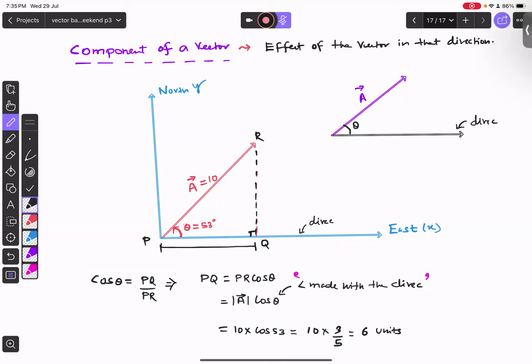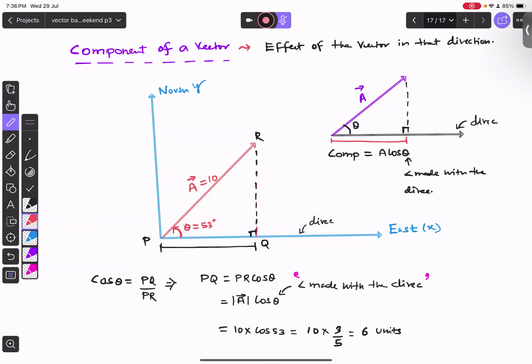The component along that direction will be A cos theta, where theta is the angle made with the direction. Or basically we drop a perpendicular from the tip of the arrow of A, find the base of the triangle, and that will be the component of the vector along that direction. I hope all these things are clear to all of you.